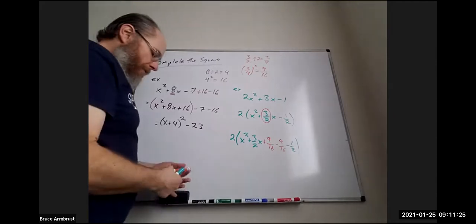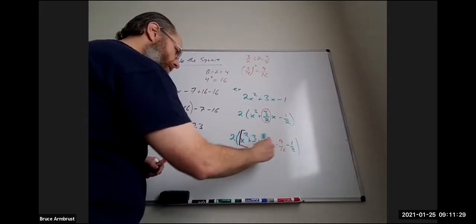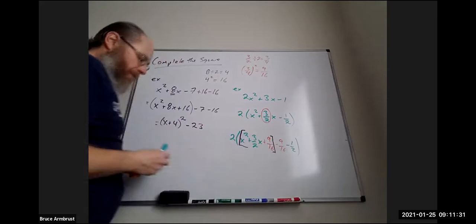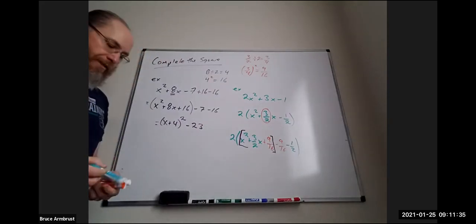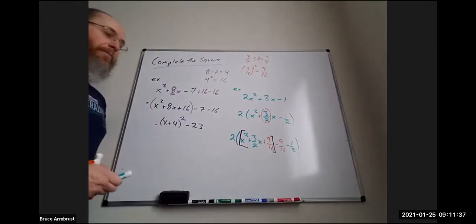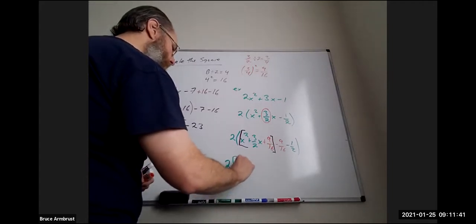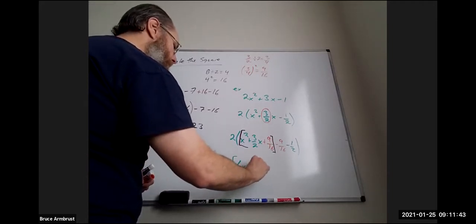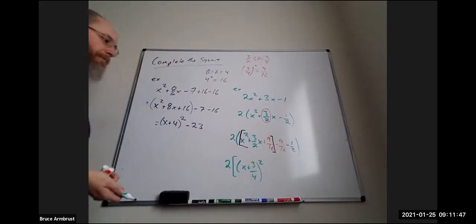Okay, so now we're going to look at those 3 pieces: the x squared plus 3/2 x plus 9/16. That is a perfect square, and it's going to be x plus 3/4 squared.